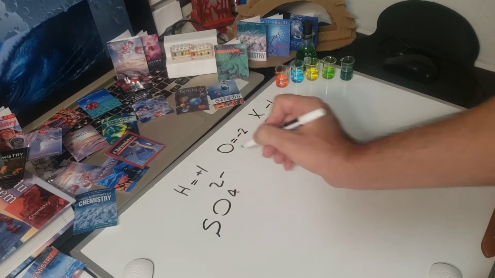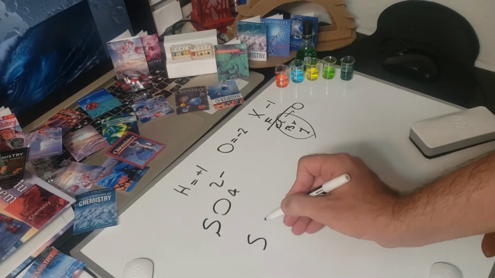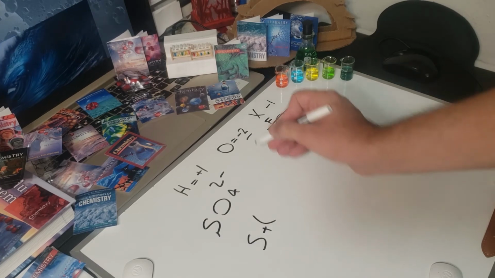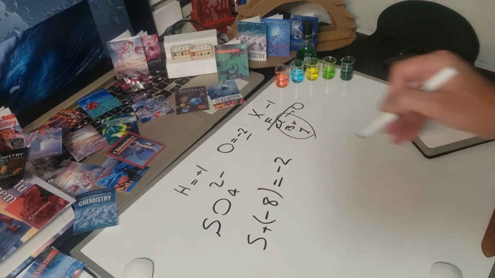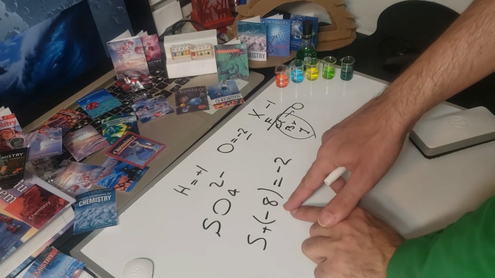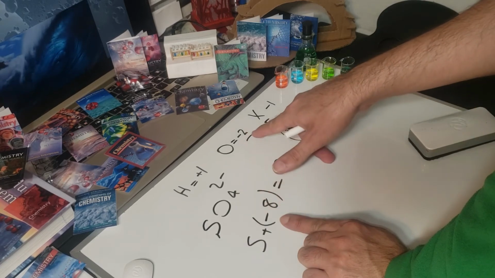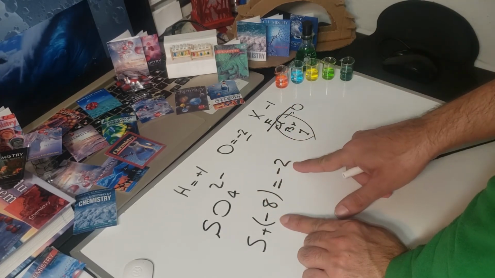SO4 double minus, then S you don't know and you're going to compute. I take S plus, I have 4 oxygens and oxygen is -2, so -8 equals the charge, which is -2, not 0. So for the ones that I know, there are 4 oxygens, 4 times -2 gives me -8, and the charge of the whole molecule is -2.